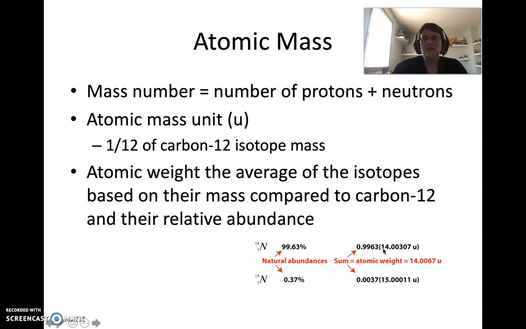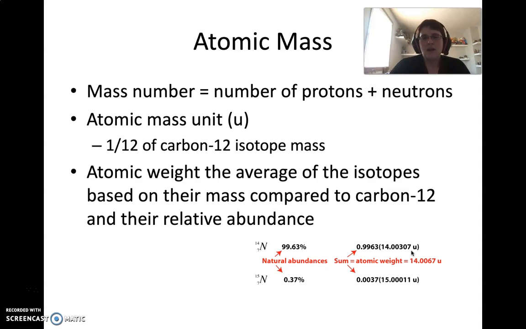You can see it's a little higher than what the atomic mass unit is for nitrogen-14. So this is why you get a lot of these odd numbers on the periodic table, like 14.006, 16, so and so.